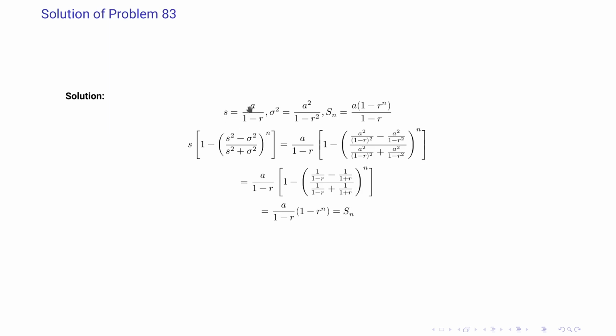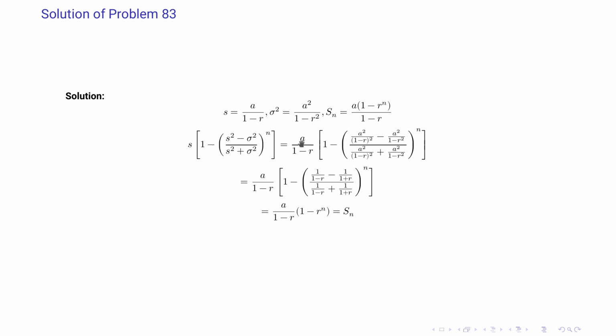So S is A by (1 minus R), sigma square is A square by (1 minus R square), and Sn is A into (1 minus R to the power n) by (1 minus R). So the given expression is S into [1 minus ((S square minus sigma square) divided by (S square plus sigma square)) whole to the power n].